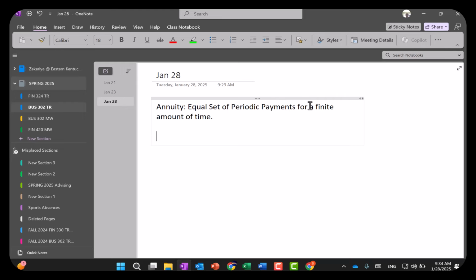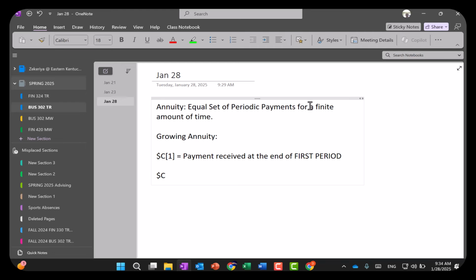Now, let me say growing annuity. We determine the first payment, C1, okay? Payment received at the end of first period, whatever that period may be, month, year, quarter.